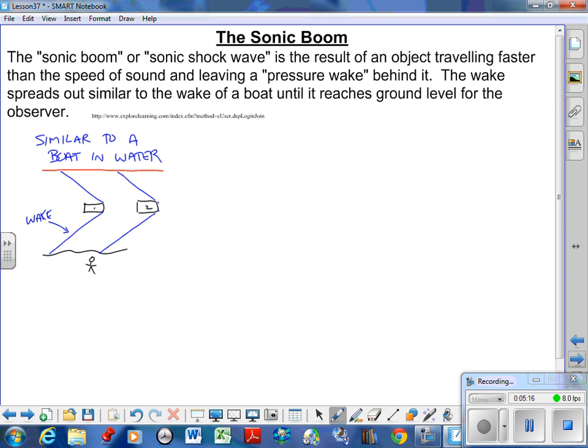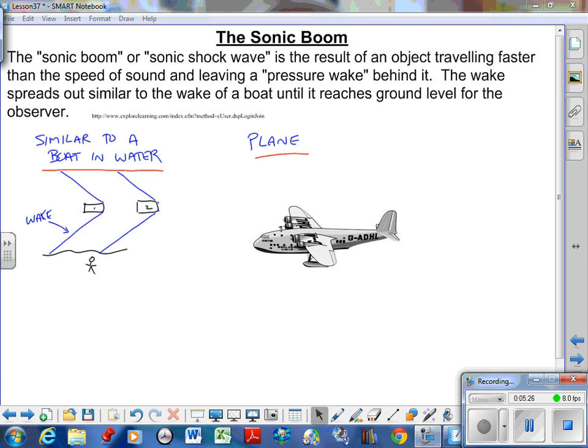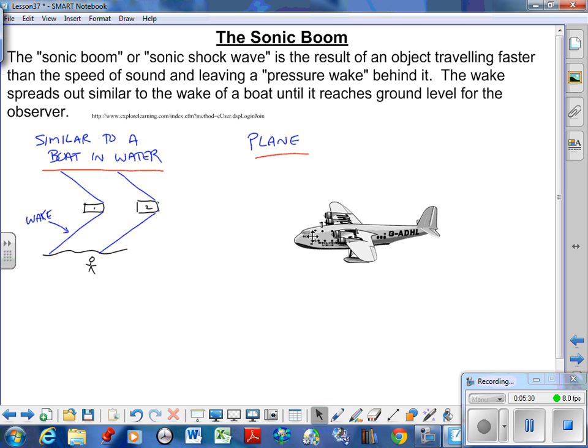So similarly, what's happening on that plane is that we have a huge pressure buildup of particles. The plane's traveling, and all of these particles are building up in front of the plane and at the tips of the wings. So we have all these air particles being compressed together.